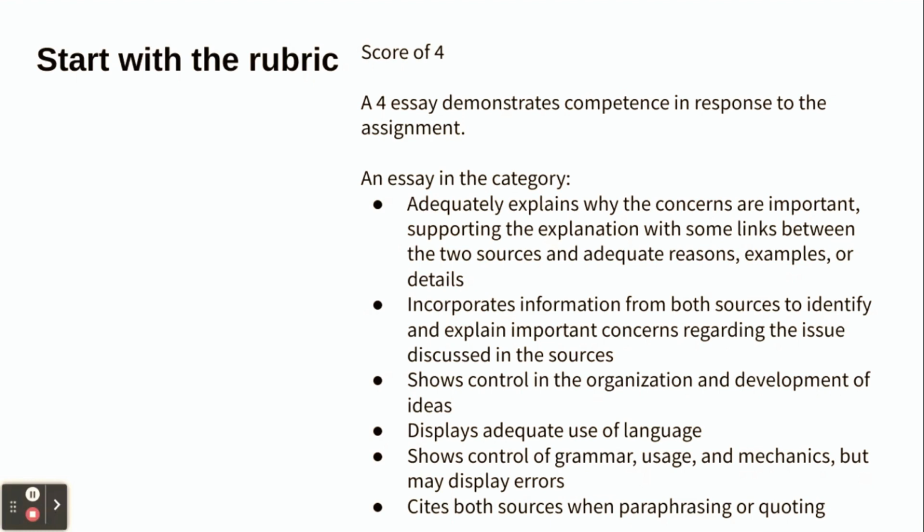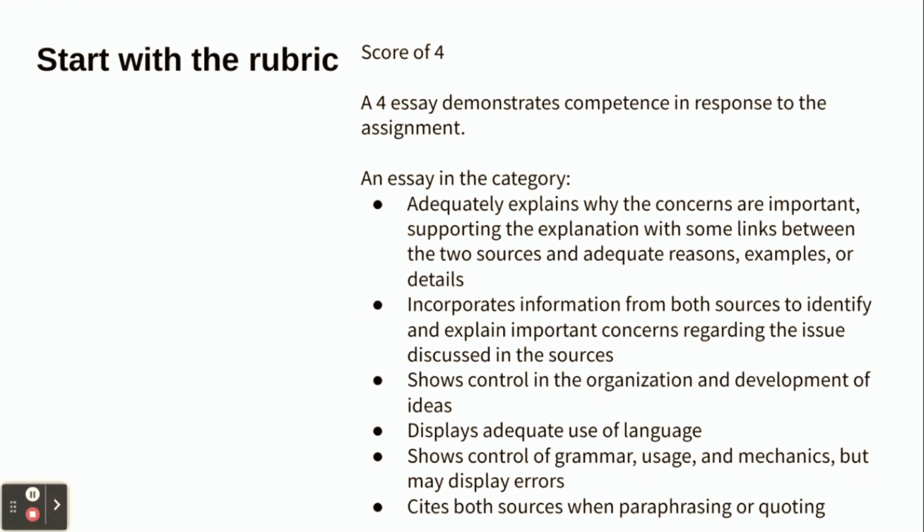Just real quick, a source-based essay is you reading two passages and then writing about those two passages. Usually it's a controversial topic, so you don't want to write an opinionated piece. This is just retelling what's in those two passages.